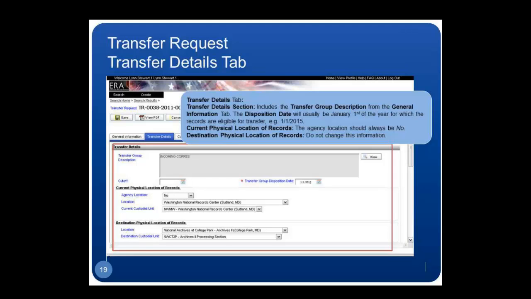We do ask that you do not change this information unless you have specific information that transfer XYZ has been moved from the Federal Records Center in Lenexa to the Federal Records Center in Seattle. And even then, we don't want you to change it. You need to be in touch with us or the FRCs involved. Please don't change this information.